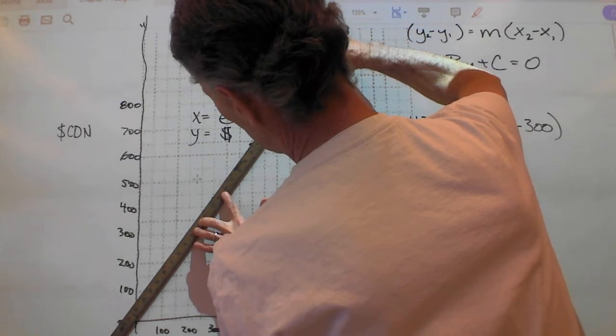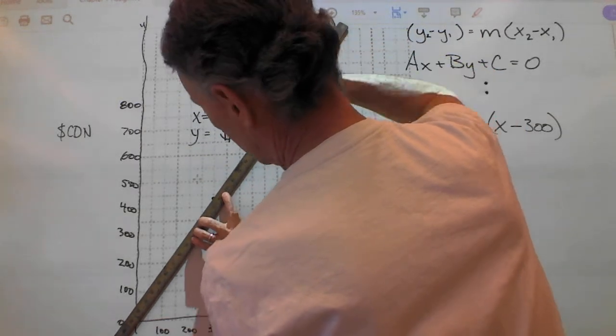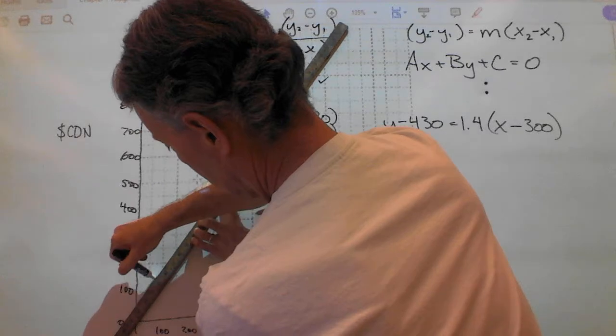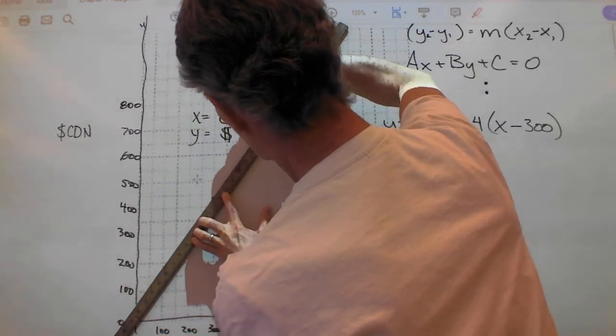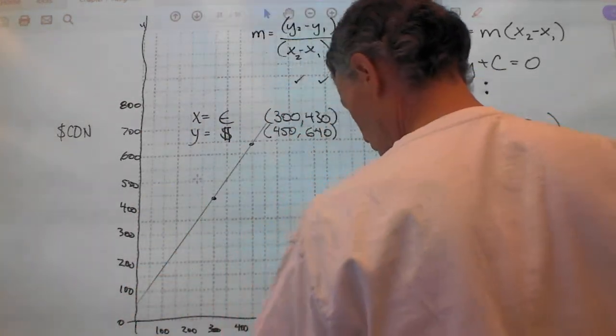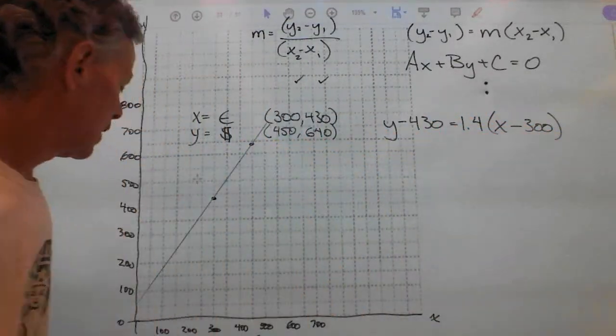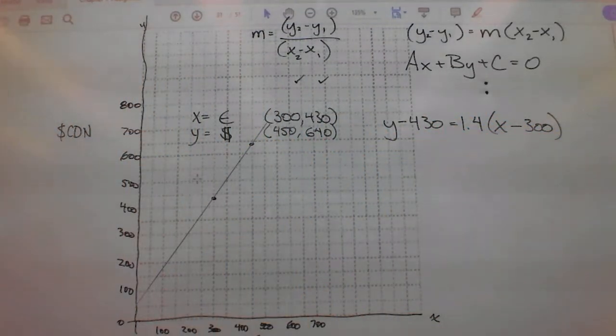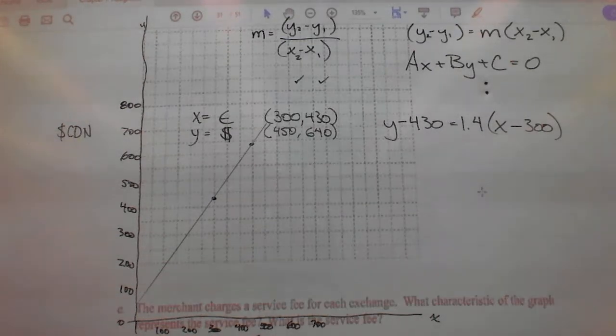Now, I'll try to be somewhat accurate here. Okay, there's our line. So there's our graph of the equation y minus 430 equals 1.4 times x minus 300.